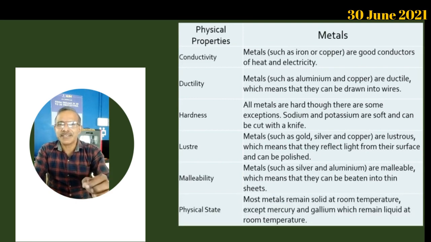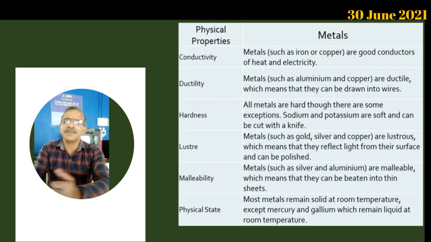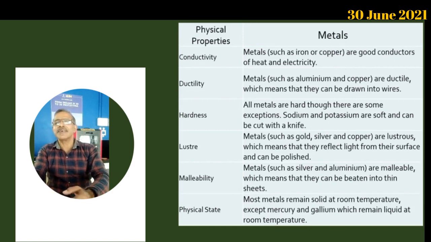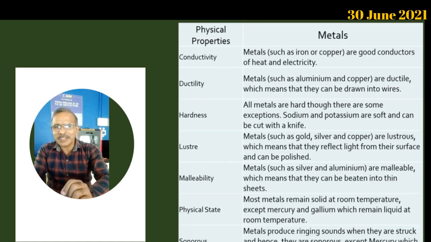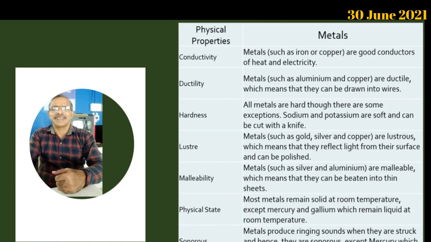And the state. Metals are solids at room temperature. You already learned that in the previous video tutorials, but there are exceptions such as mercury and gallium. Please refer to the previous two tutorials. Now sonorous. By sonorous we mean it gives a ringing sound.